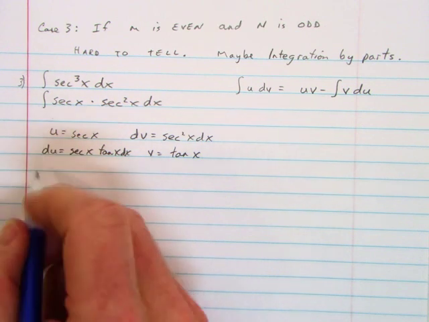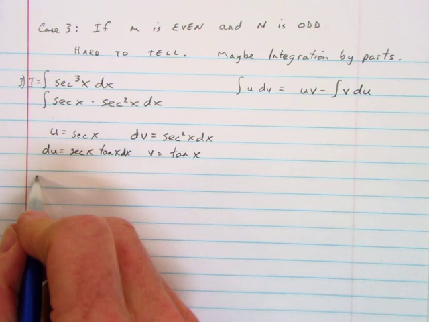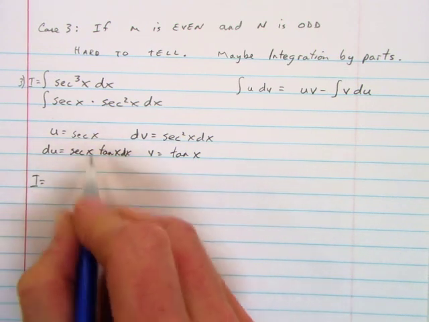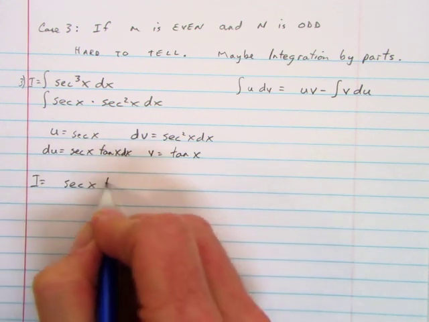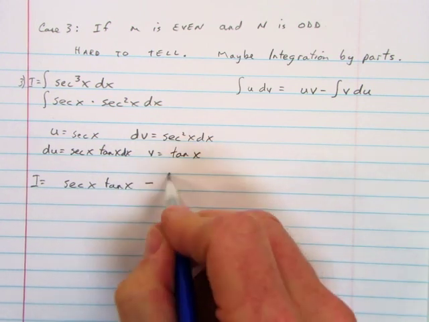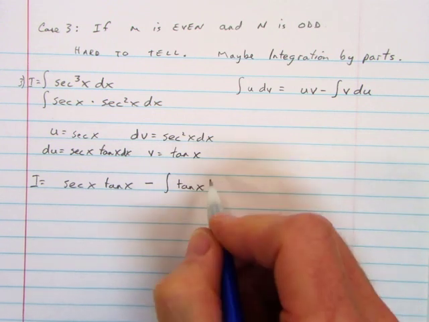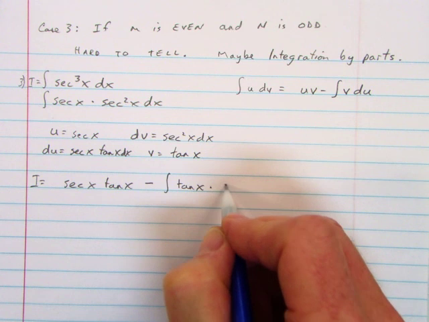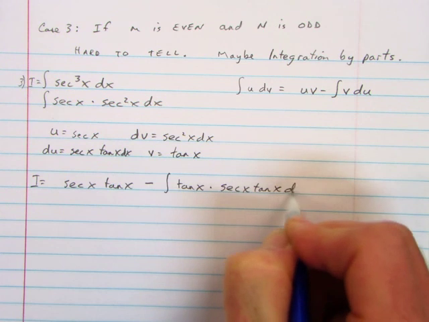What I do on this one is set this equal to I as well. So we'll have I equals uv, so we have secant x tangent x minus the integral of v, tangent x, times du, which is secant x tangent x dx.